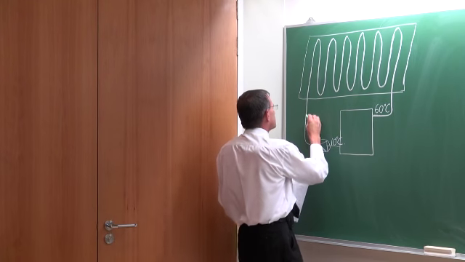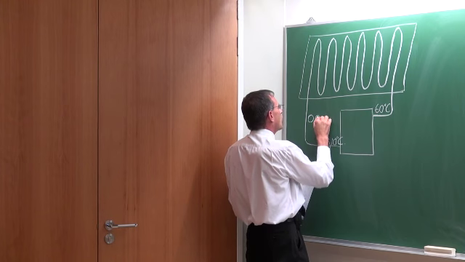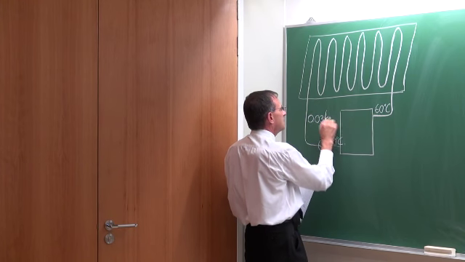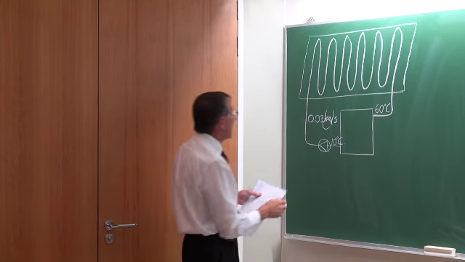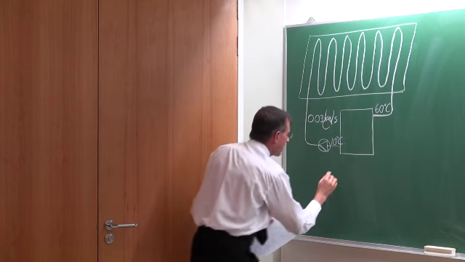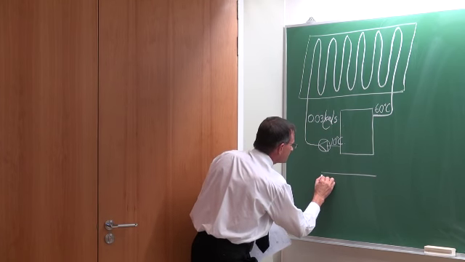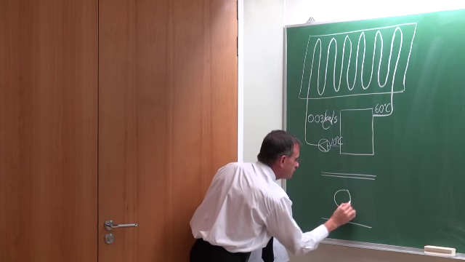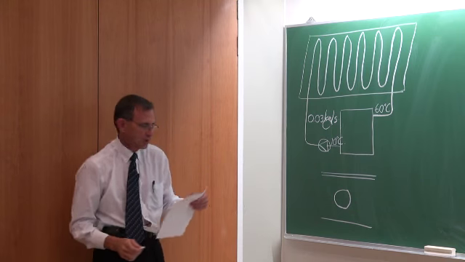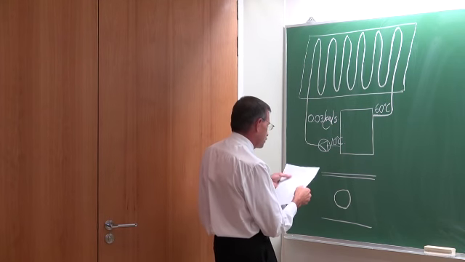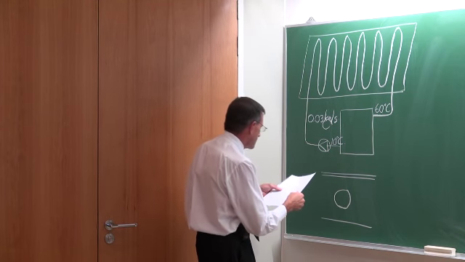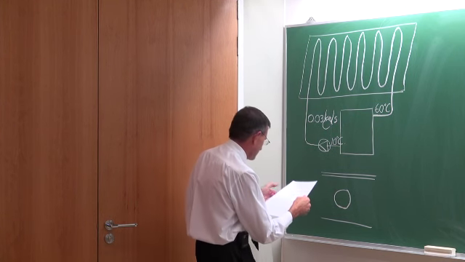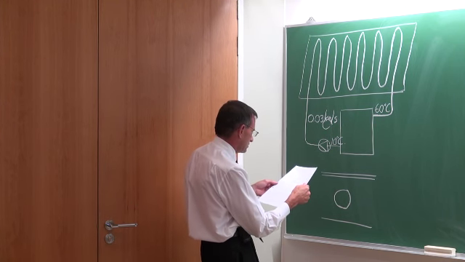The mass flow rate is equal to 0.03 kilograms per second. And in this solar panel, what we will have is the following. That is the tube. It is a circular tube, and the diameter of the tube is 15 millimeters, if I remember correctly.